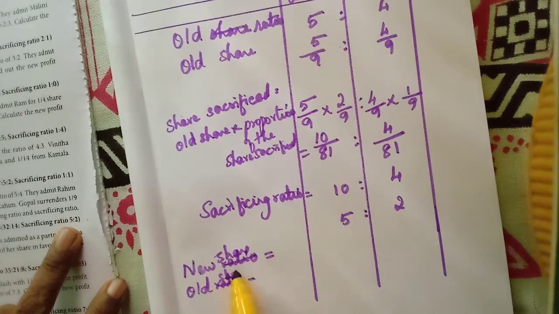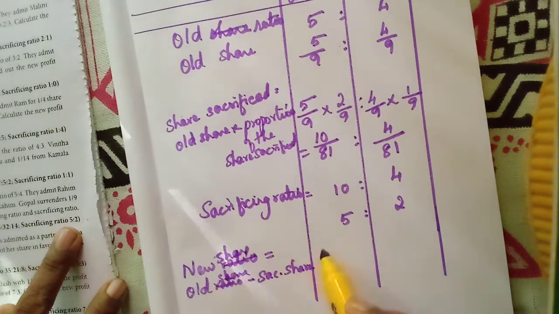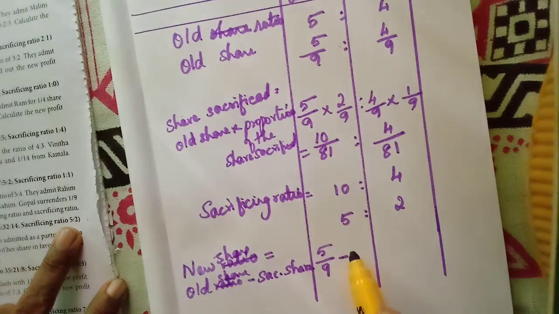Old share minus sacrificing share. Old share how much? 5/9 minus sacrificing share 10/81.